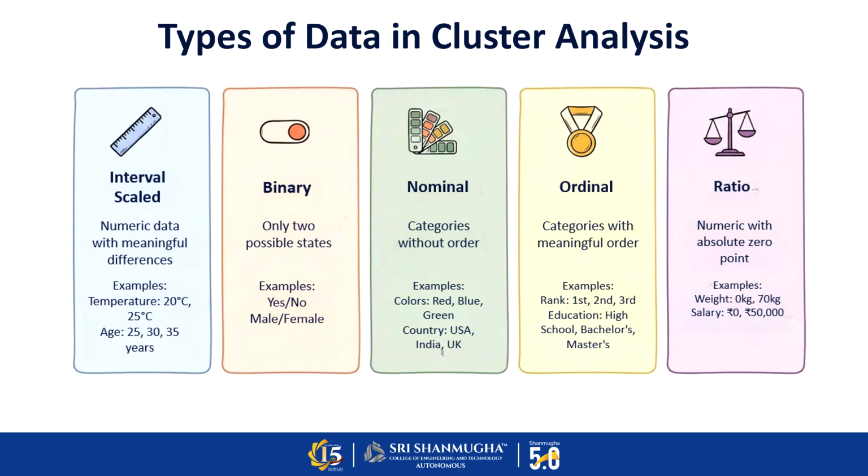Next, types of data in cluster analysis. Before we can cluster the data, we need to understand what type of data we are working with. Different data types require different similarity measures and different algorithms. There are five main types. First one is interval scaled data, that is numeric data where the difference between values is meaningful.